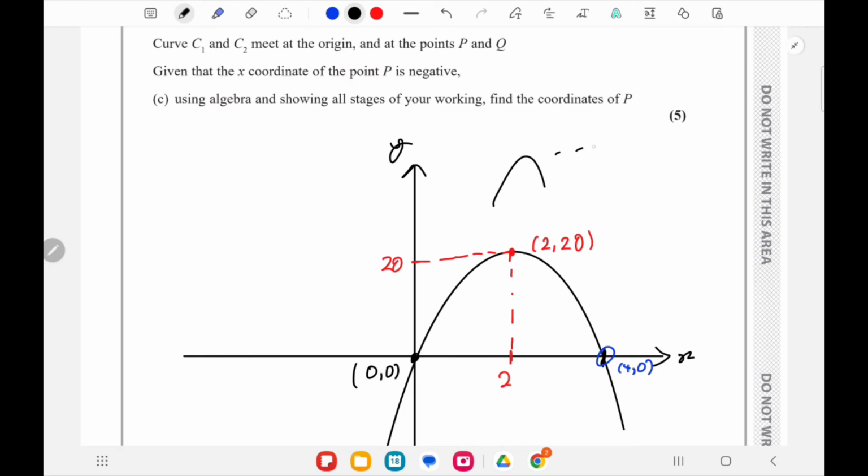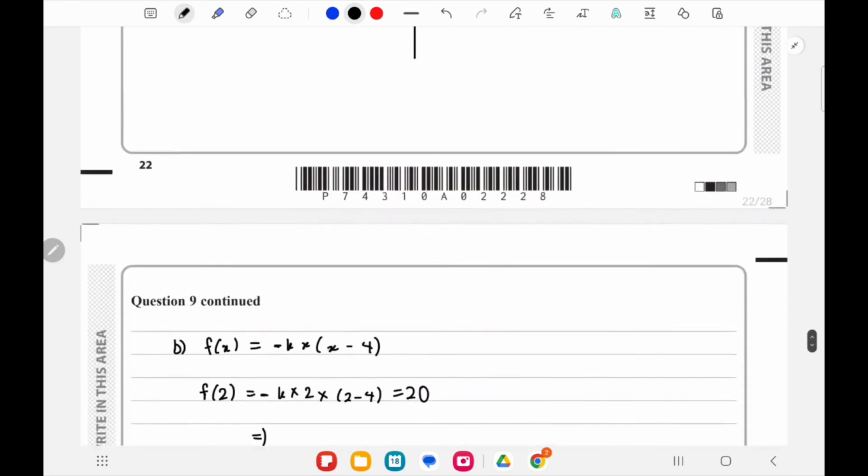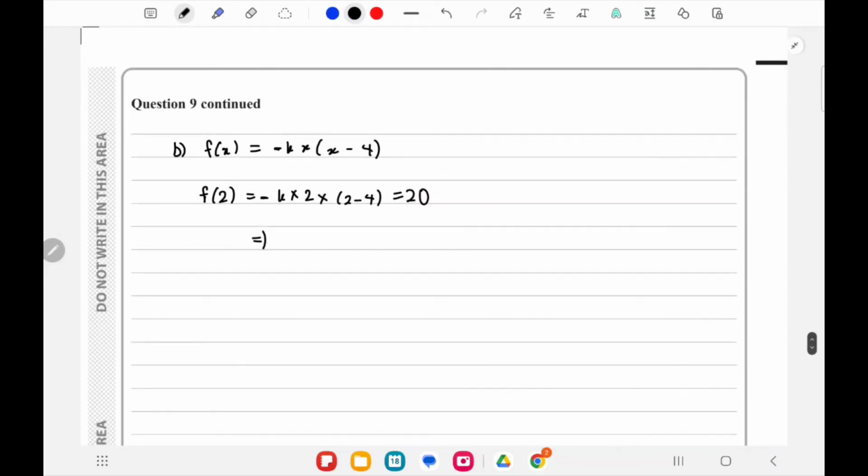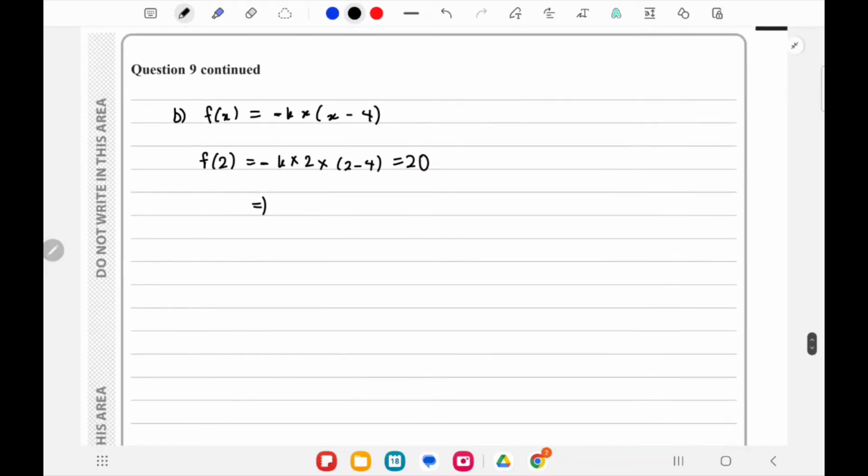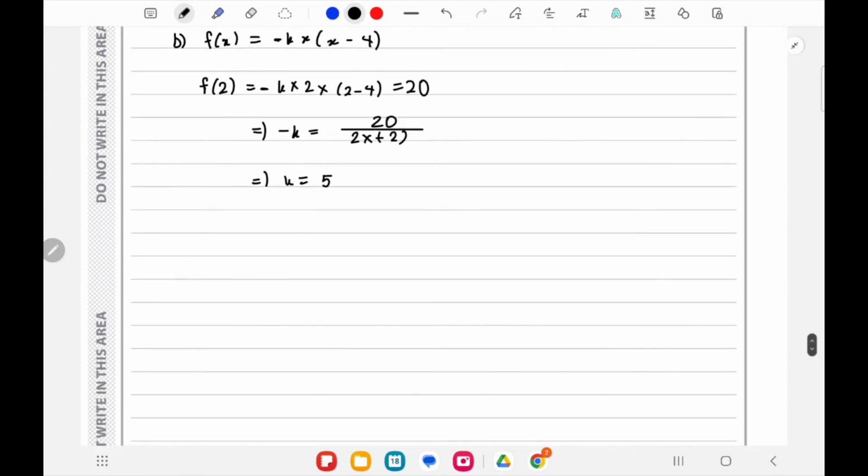So this is the shape for negative x squared. So the value of k would be 20 divided by 2 into minus 2, so k will be 5 in magnitude.